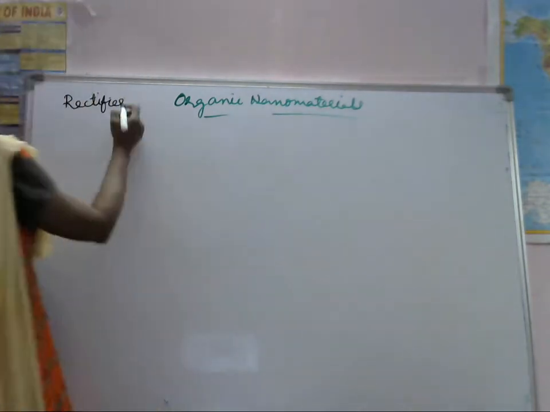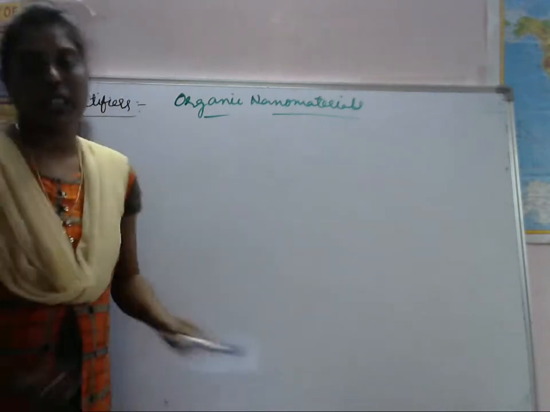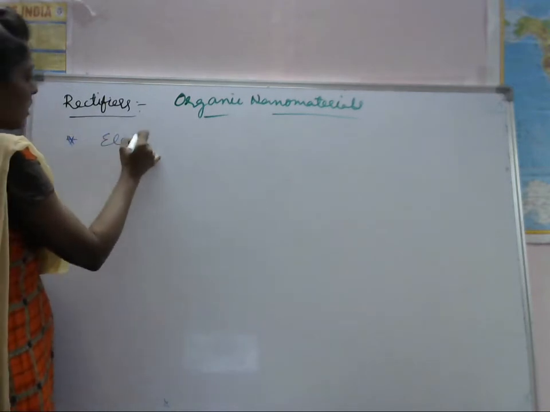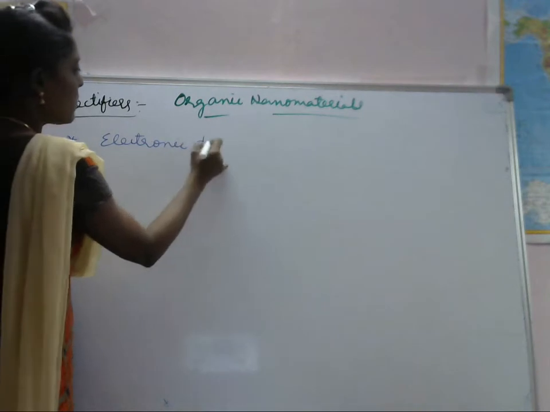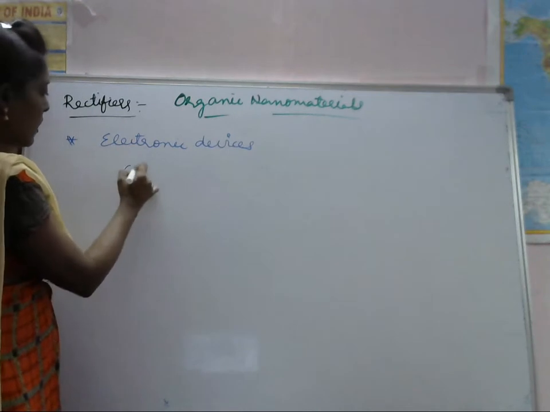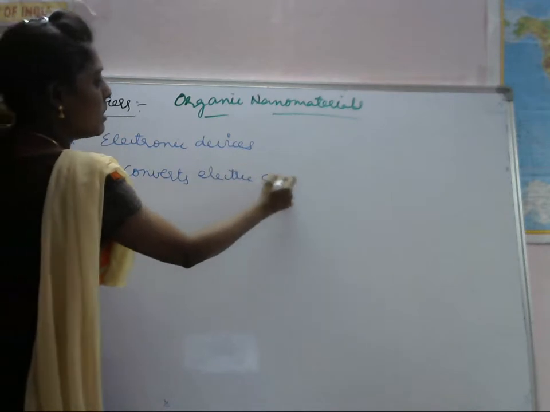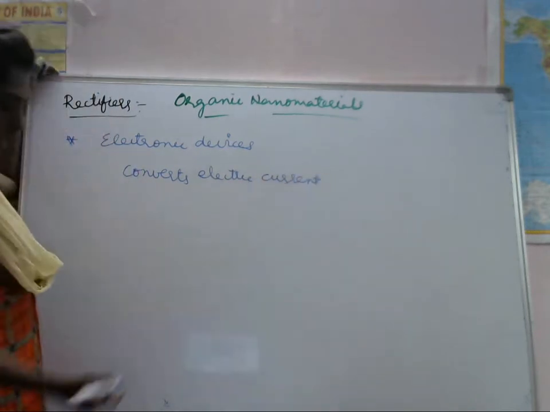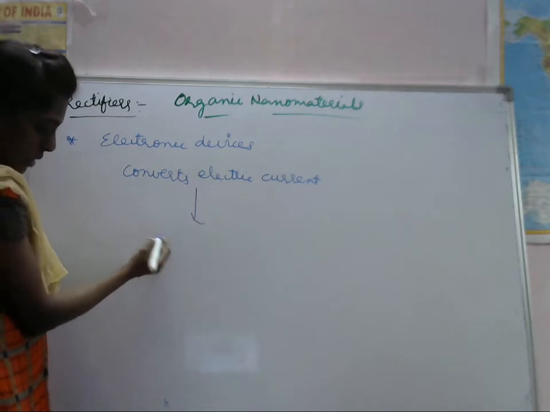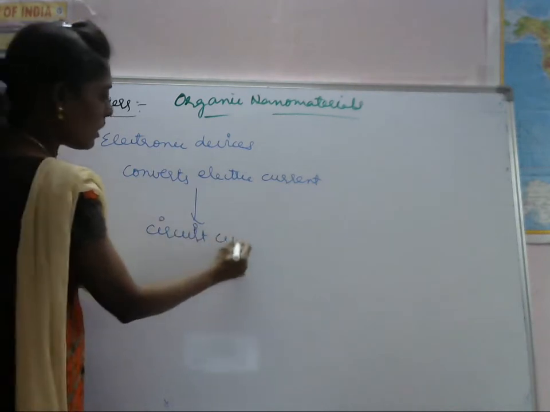In this one we have to see what rectifiers are. This is nothing but electronic devices. These are electronic devices. What will they do? They convert alternating current to direct current.